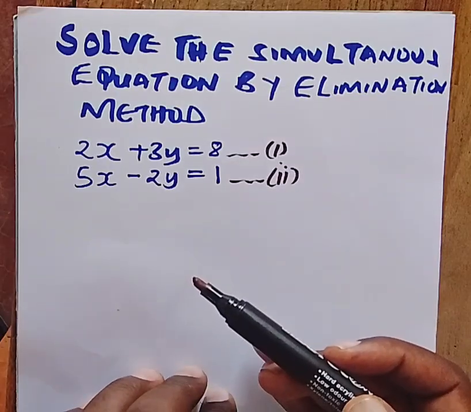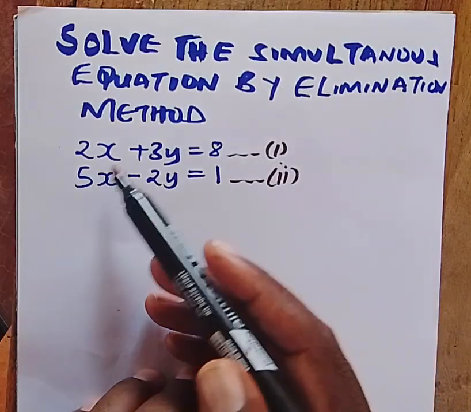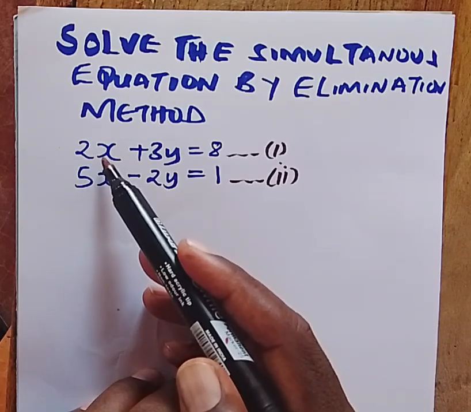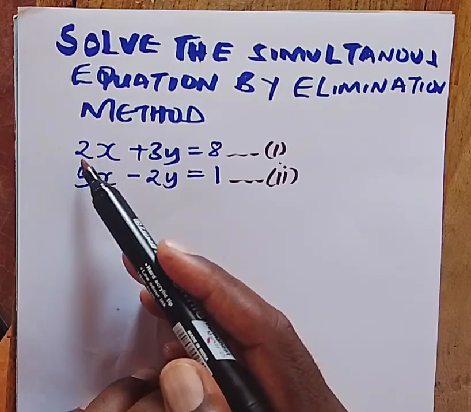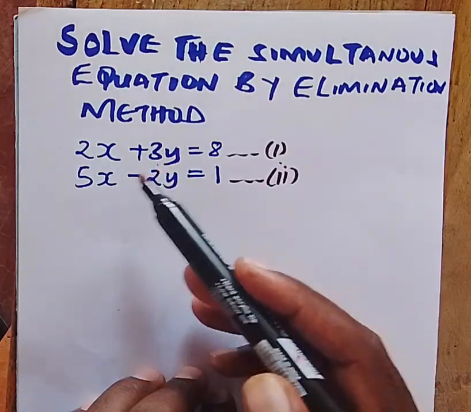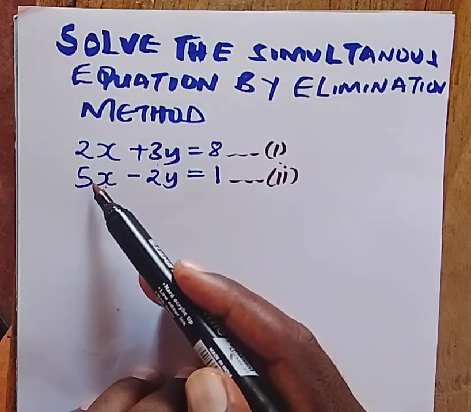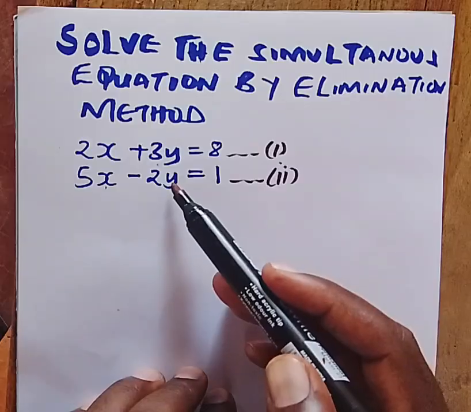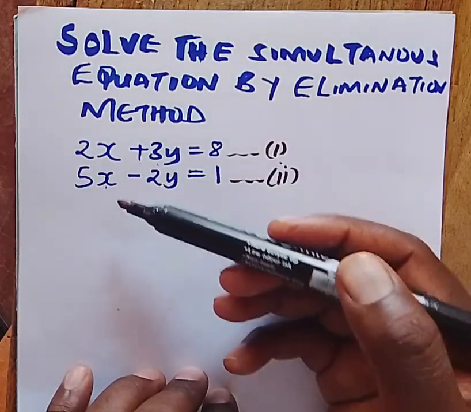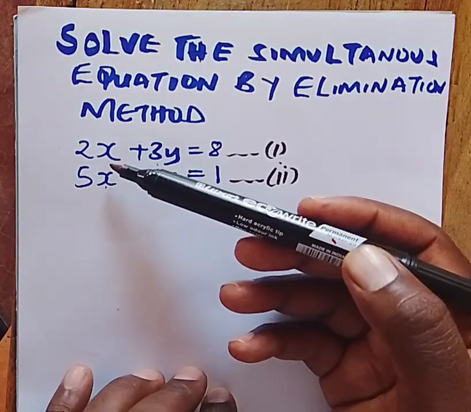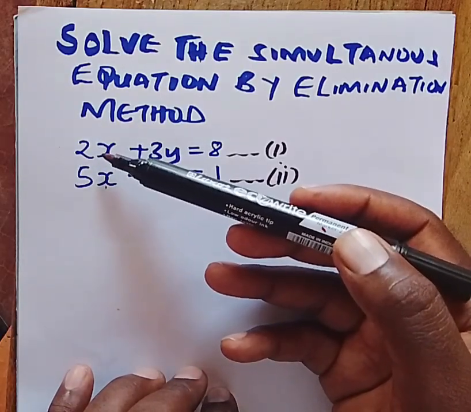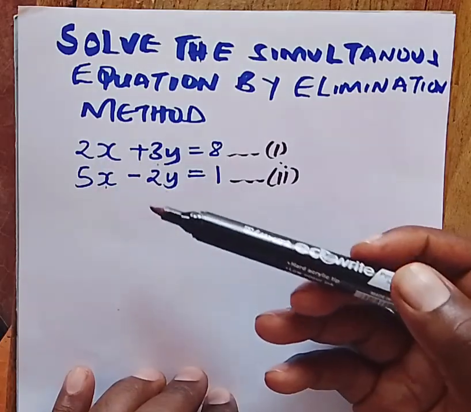But before then, we must consider the coefficient. The coefficient is the value which comes before the term. Here the coefficient of x is 2 and the coefficient of y is 3. Here the coefficient of x is 5 and the coefficient of y is 2. Before eliminating, we look at the coefficients to confirm whether any of the terms have equal coefficients.